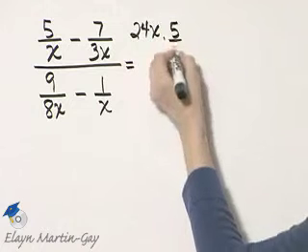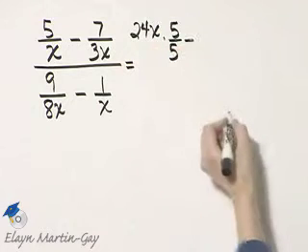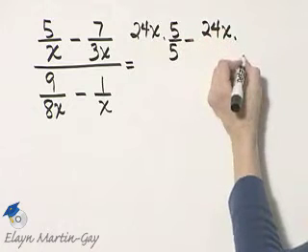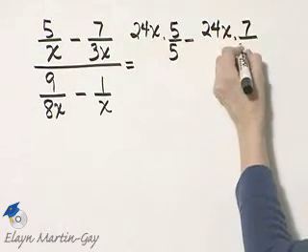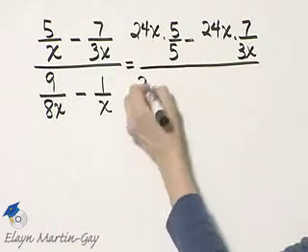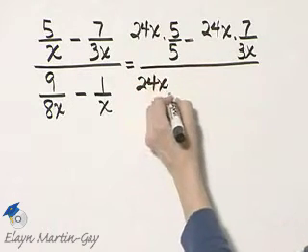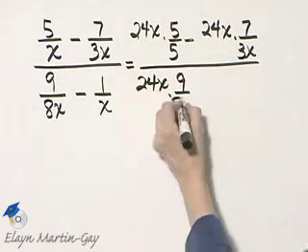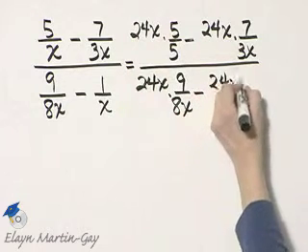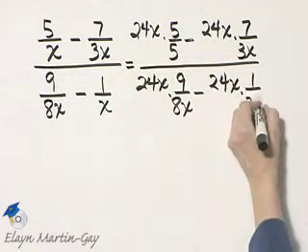So 24x times 5 over x minus 24x times 7 over 3x. Then in the denominator, I have 24x times 9 over 8x minus 24x times 1 over x.